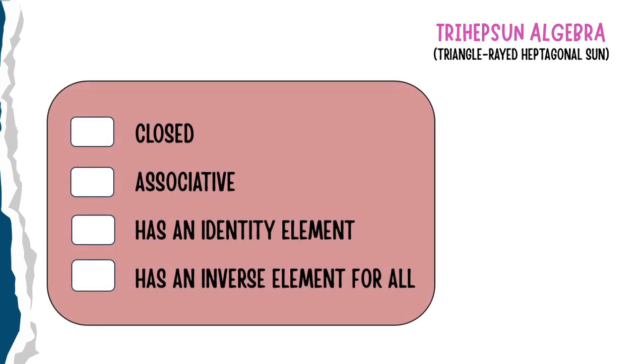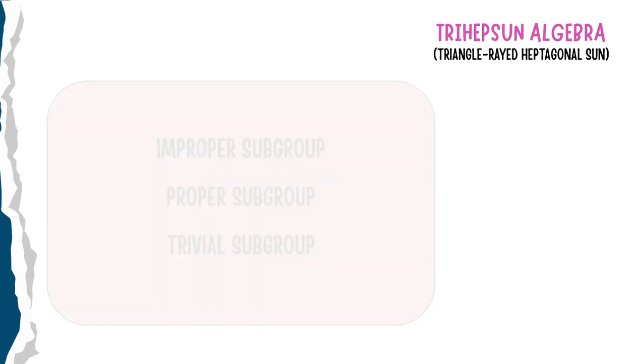To be a subgroup, it must also satisfy these four conditions. First, it must be closed. Second, it must be associative. It must have an identity element and an inverse element for all.